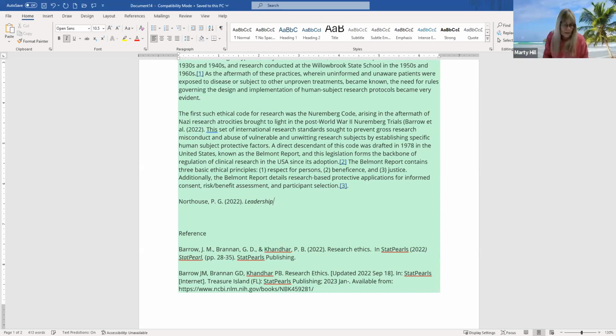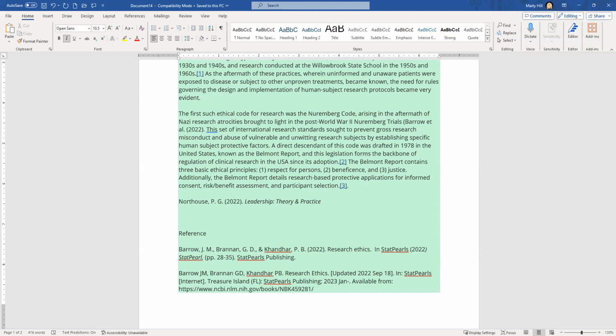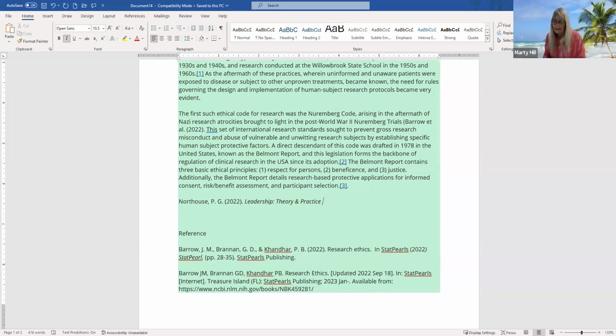Leadership: Theory. Now notice how I capitalized the first word after the colon. If a book title has a colon, that first word is capitalized. Everything else is in sentence case. And then SAGE Publications. SAGE is an acronym, so you want it in all caps.